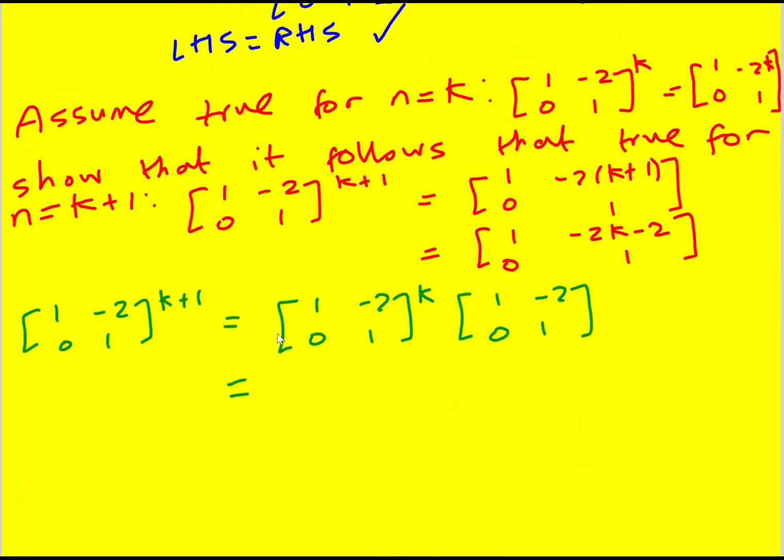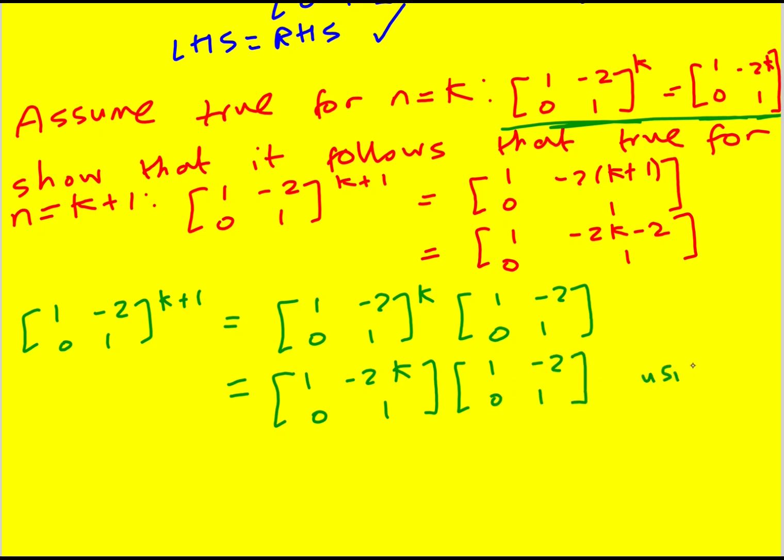This is where I use my n equals k, because we can say that that left-hand term is simply (1, -2k, 0, 1). So using the n equals k result.